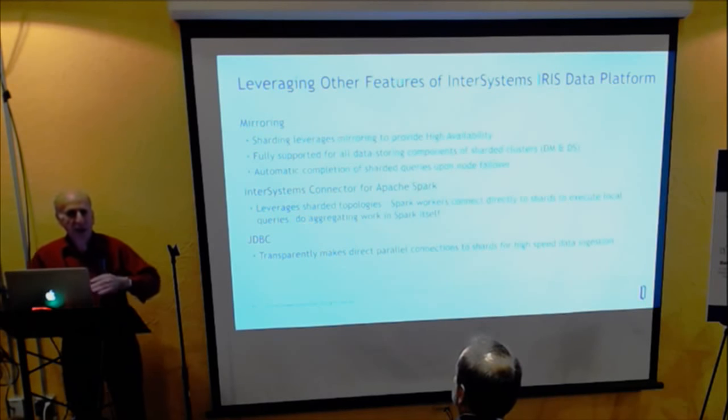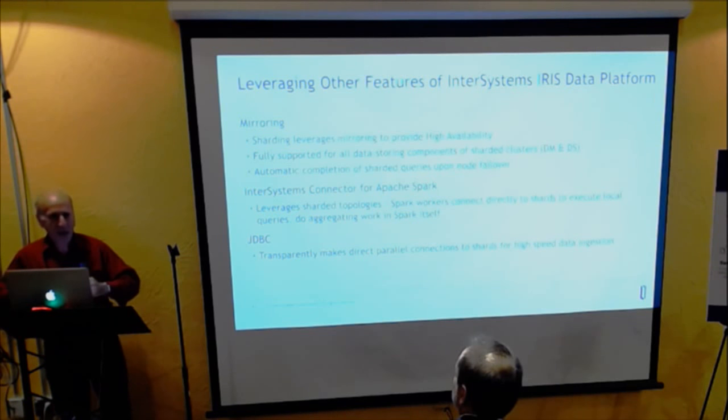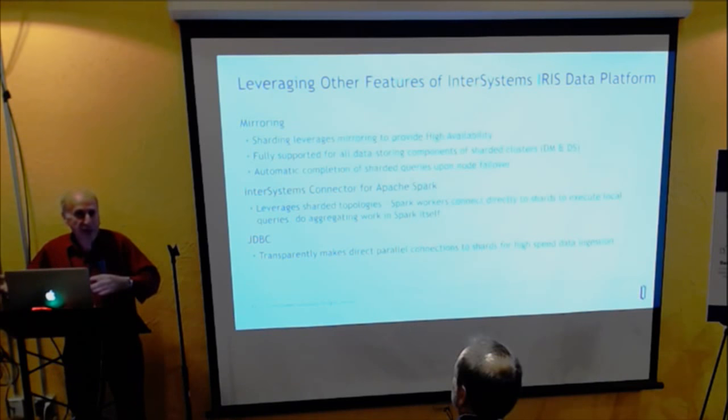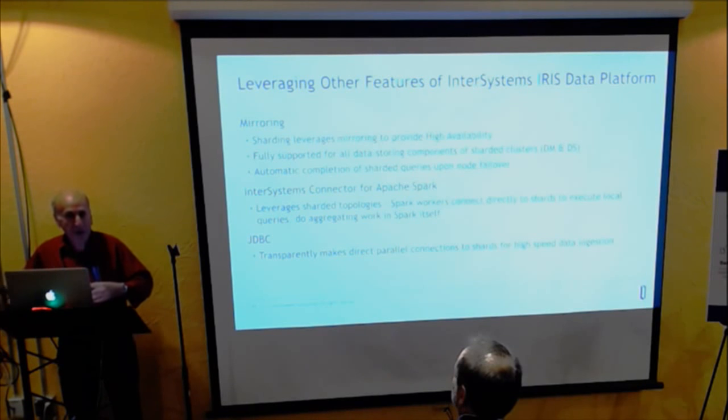It tells JDBC, here's the addresses of all the shards you need to talk to. Here's how to transform your insert statement to talk to those shards. And JDBC automatically creates threads that talk directly to each shard, does the inserts in parallel. You don't even have to know what's going on. You just write an ordinary JDBC insert application that does it for you.